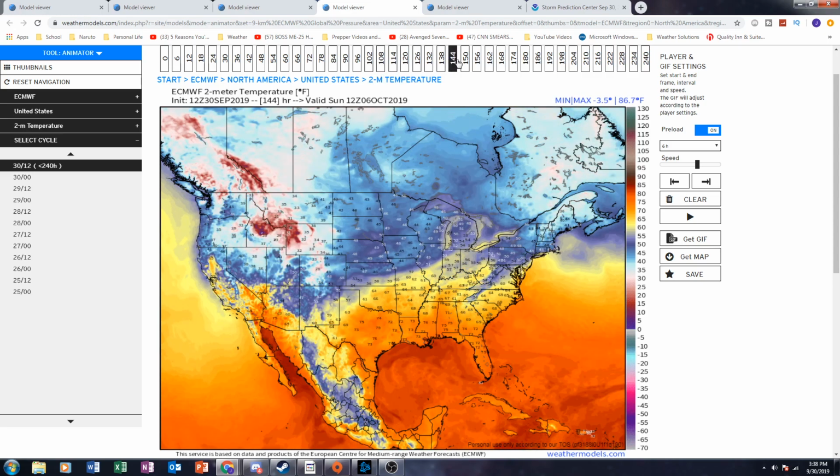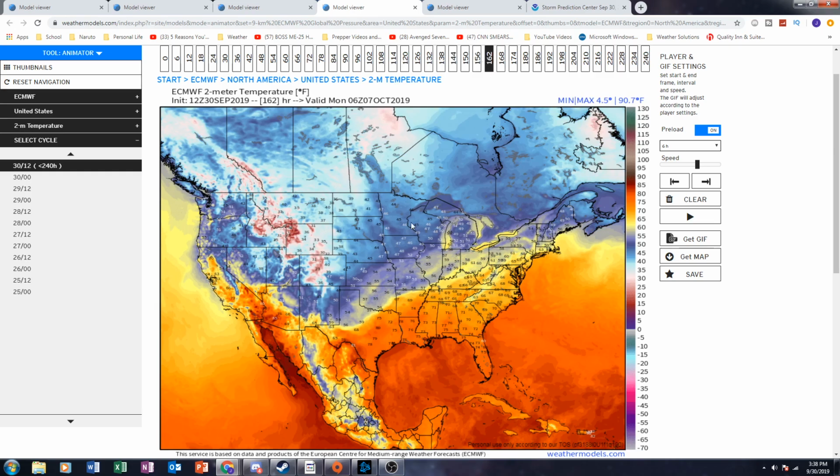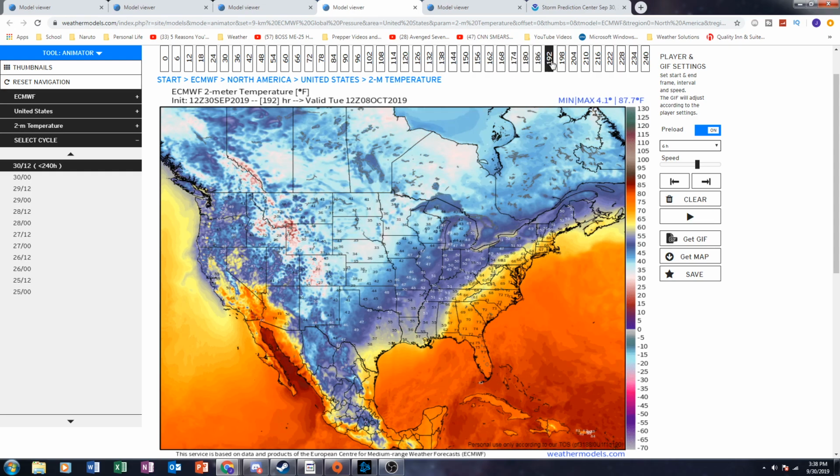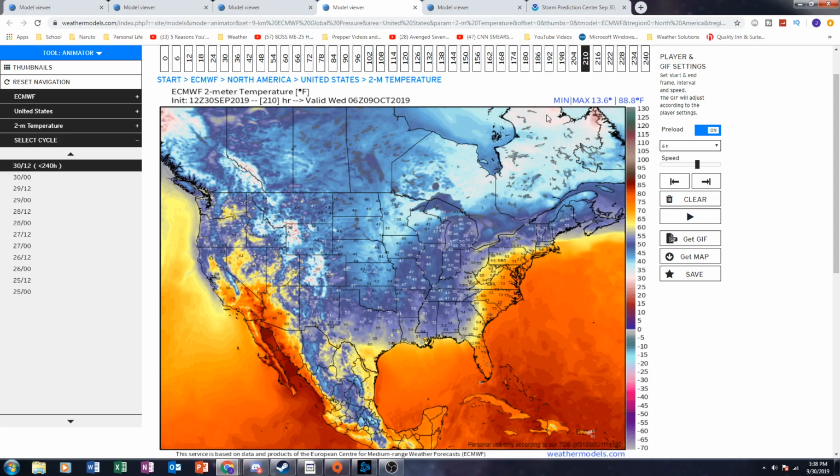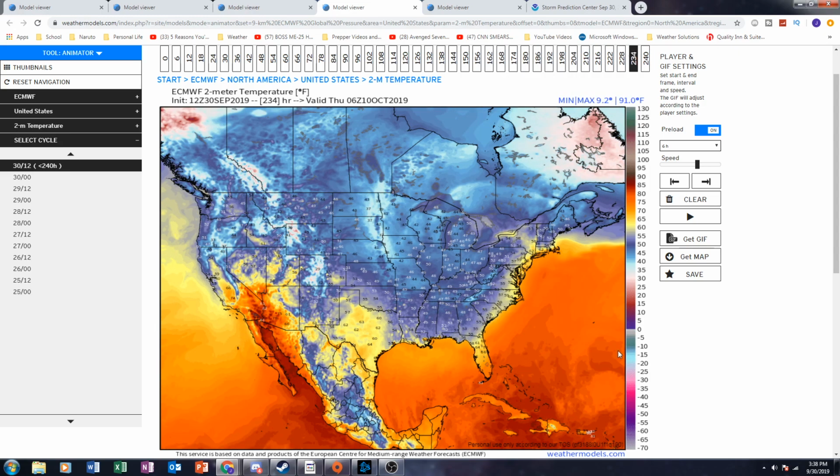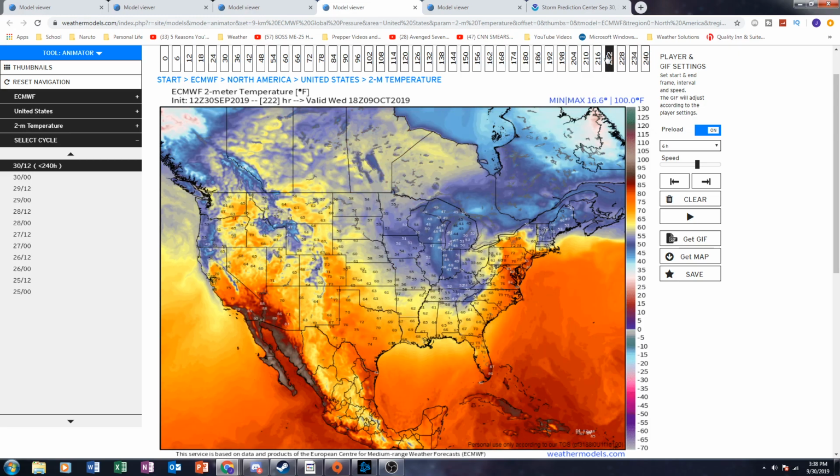And then we see the low pressure system off to the west start to make its way over to the east, finally forcing that high pressure system in the south out to sea, which will really bring a lot cooler temperatures for the Great Lakes, the Midwest, the Great Plains, and really most of the country is going to see quite a big cool down, with the exception of these more West Coast states.